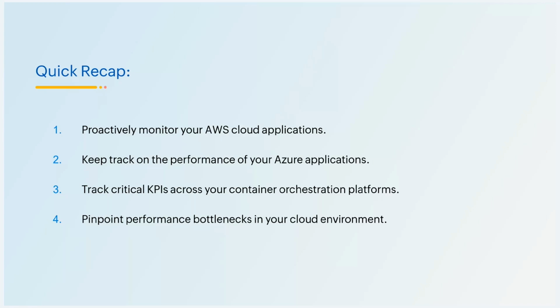By continuously monitoring, it helps us detect slowdowns and also troubleshoot issues. We'll be able to pinpoint the performance bottlenecks here. So with these capabilities, you'll have better visibility and control over your cloud applications. This ensures optimal performance and reliability.